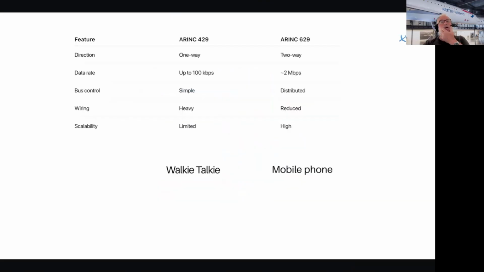So if you want to compare it, here's a comparison table between Arinc 429 and Arinc 629. And I always bring this example into my presentations, because it's the best way to understand it. What is a unidirectional data transfer and a two-way, or bi-directional, or whatever they want to call it. If you imagine, an Arinc 429 is like a walkie-talkie. I am here with my walkie-talkie, and you are where you are now with the walkie-talkie.